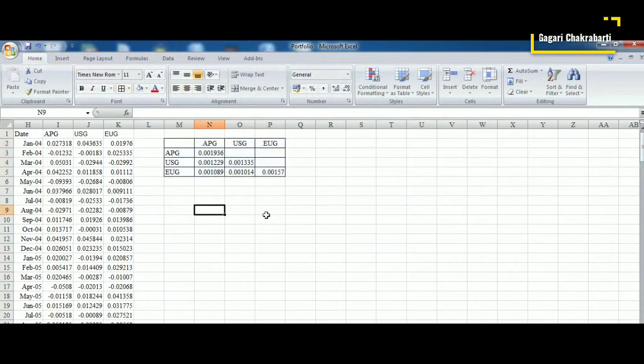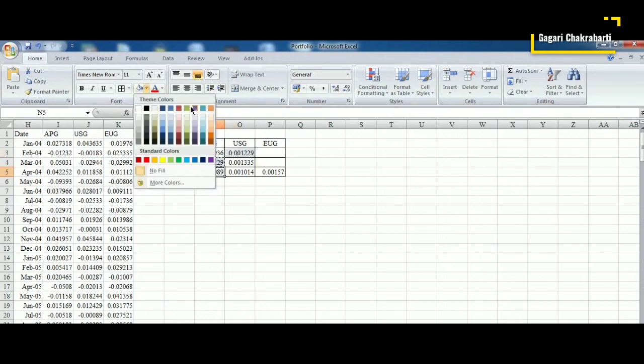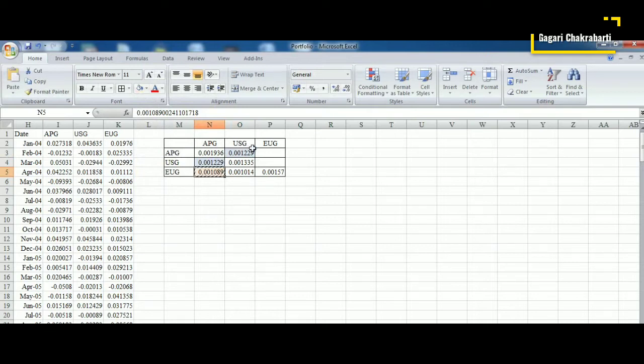Since this matrix is symmetric, we are getting only the lower portion of it. This is the complete variance-covariance matrix.